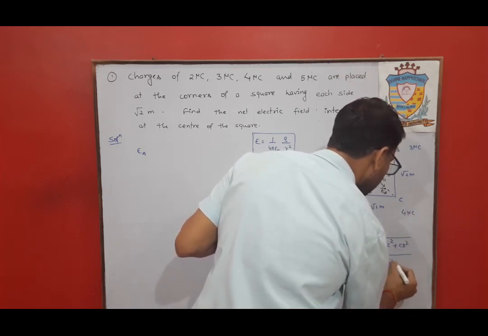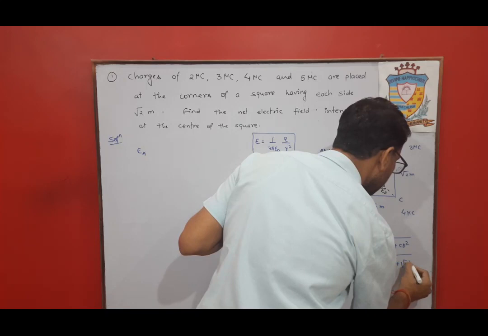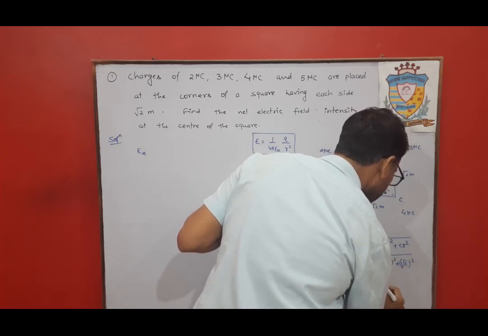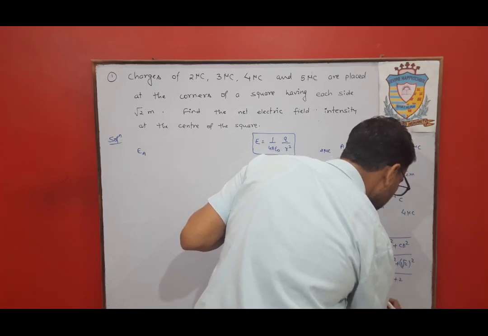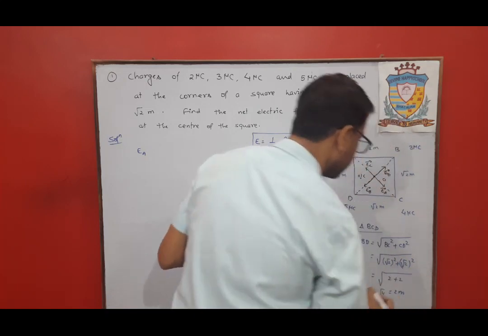So under root 2 square plus under root 2 square is 2 plus 2, under root 4, which is equal to 2 meter.